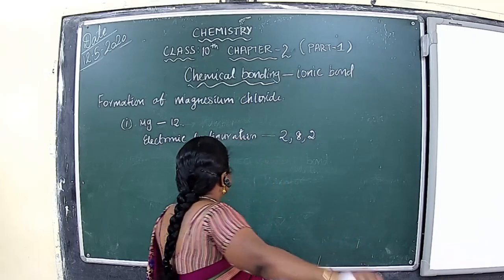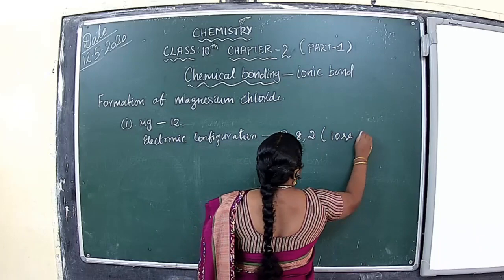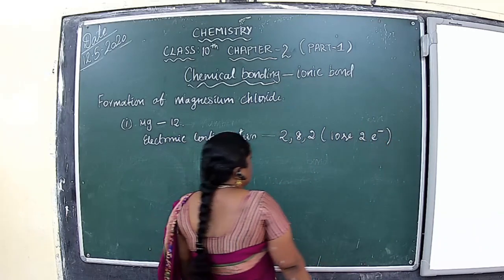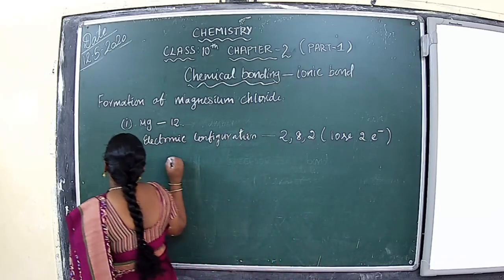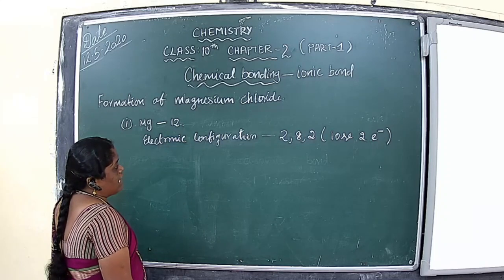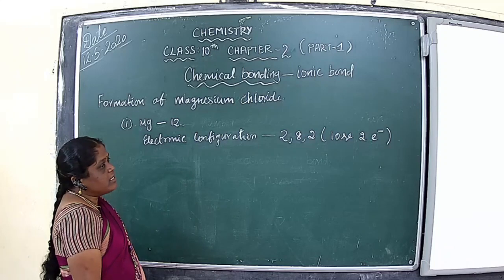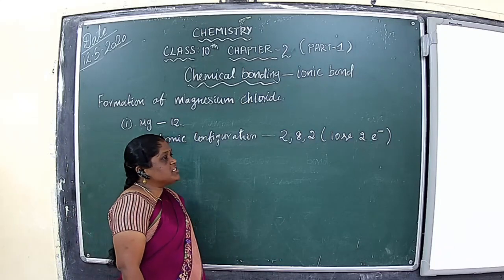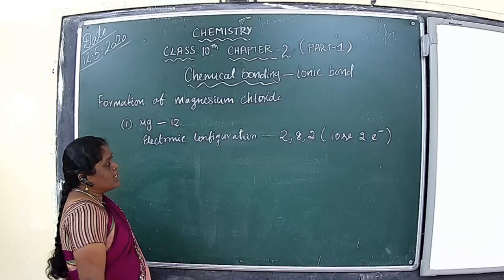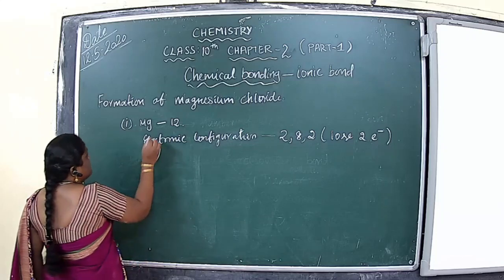If it loses 2 electrons, it becomes electropositive in character, and it attains the stable electronic configuration. The nearest noble gas of magnesium is neon.